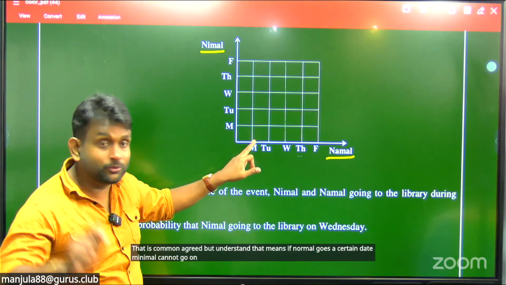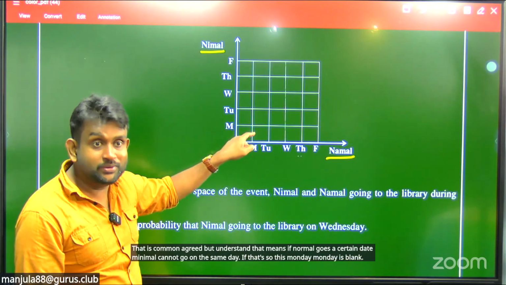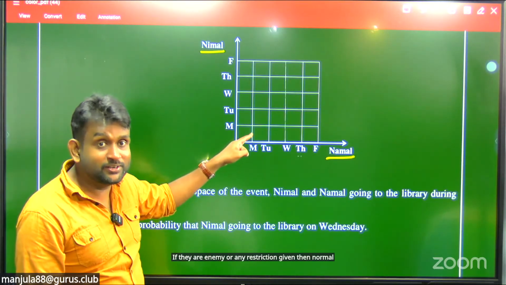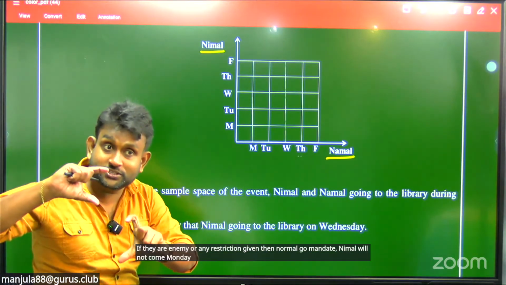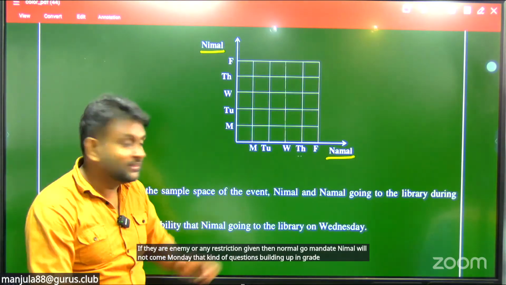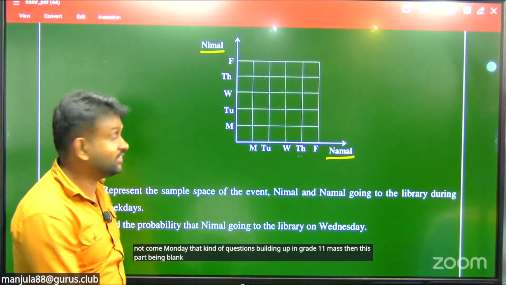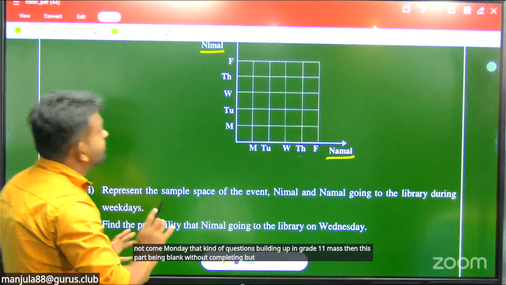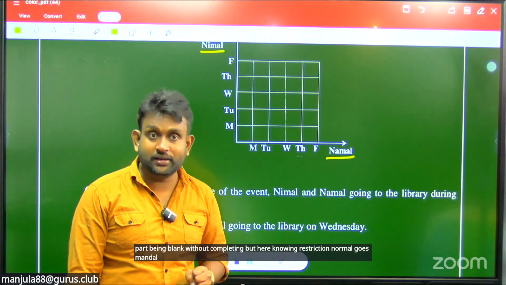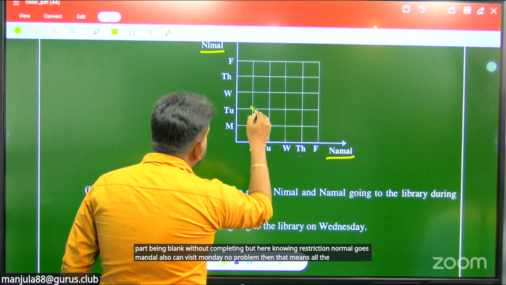If there is an enemy or any restriction given, then if Namal goes on Monday, Nimal will not come on Monday. That kind of question is built up in grade 11 maths, and then this part is left blank. But here there is no restriction. Namal goes Monday, Nimal also can visit Monday, no problem. That means all the grid lines are filled up.